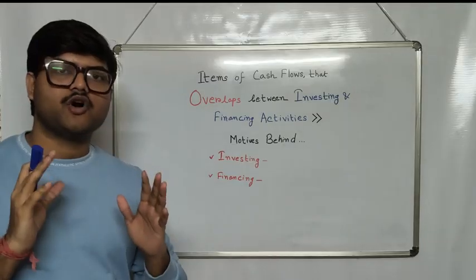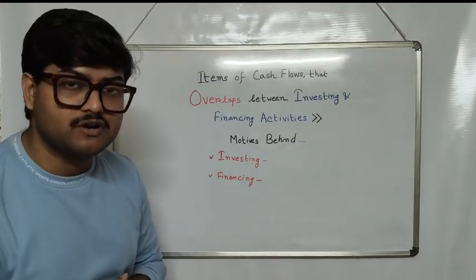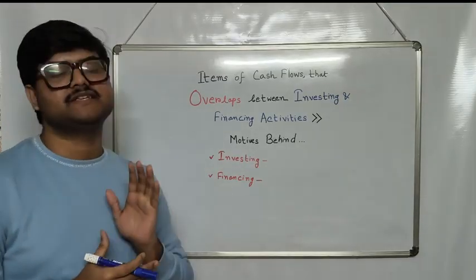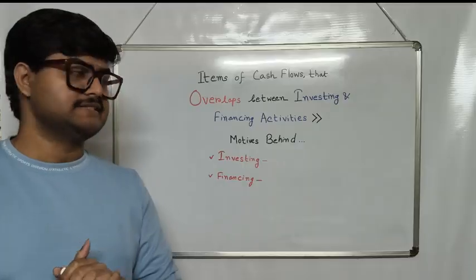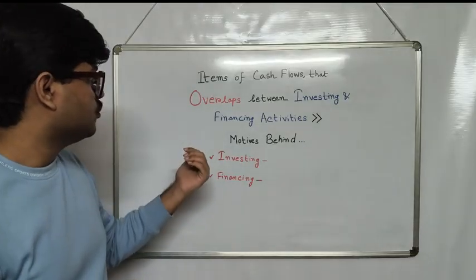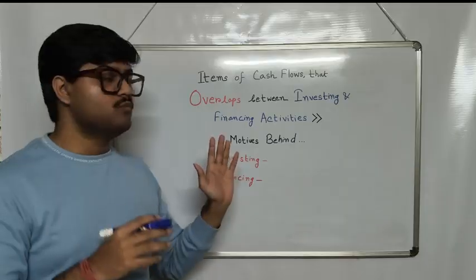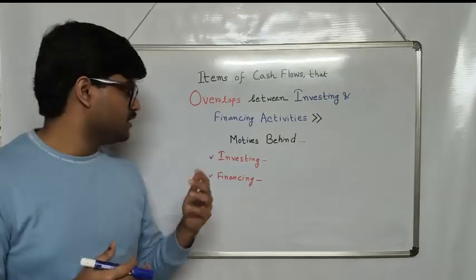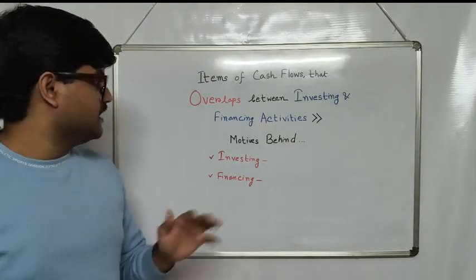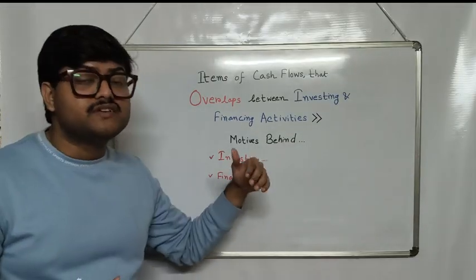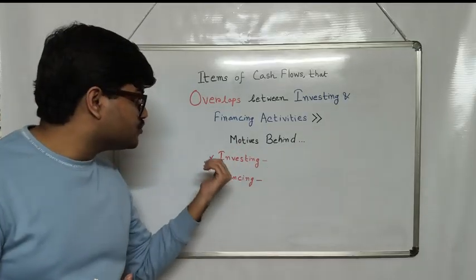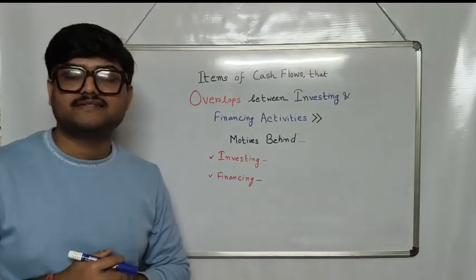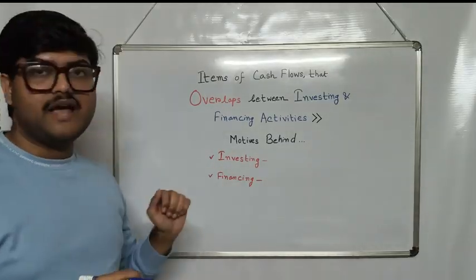Now we will talk about different items of cash flows that overlap between investing and financing activities. But first we have to understand the motive behind these two activities, because sometimes we are not able to understand which one should be considered as investing and which one should be considered as financing. So first we need to understand the motives behind these two activities.